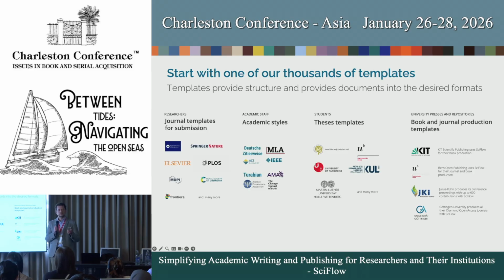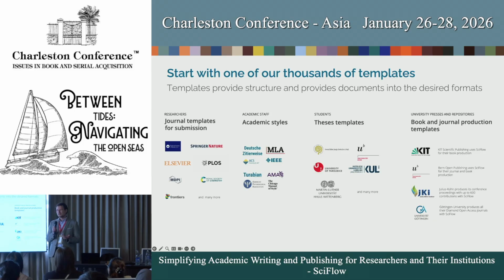There are a few very specific guidelines for some disciplines. For students, master students, PhD students, we provide thesis templates. In that case, we take the guidelines from the institution and incorporate them in SciFlow. So students can focus on writing their text, and SciFlow will automatically format a PDF according to the guidelines. I will tell you about this a little bit later.